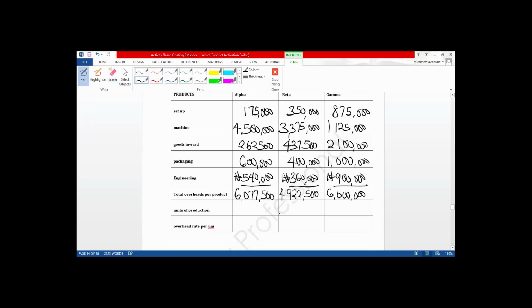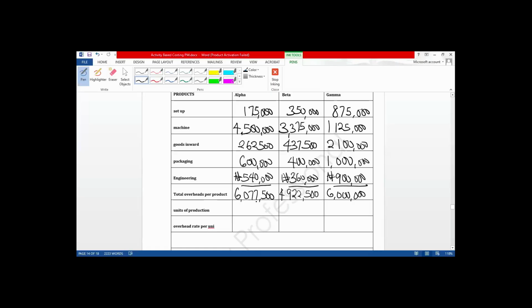Now sum the three together: 6,077,500 plus 4,922,500 plus 6 million. It must give you 17 million.